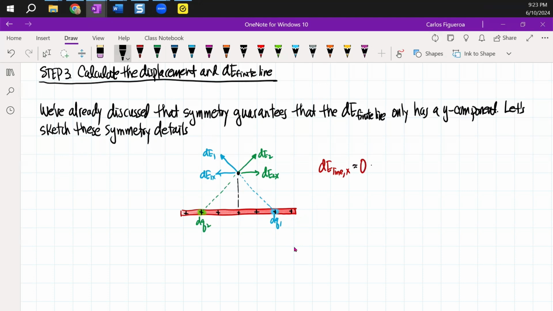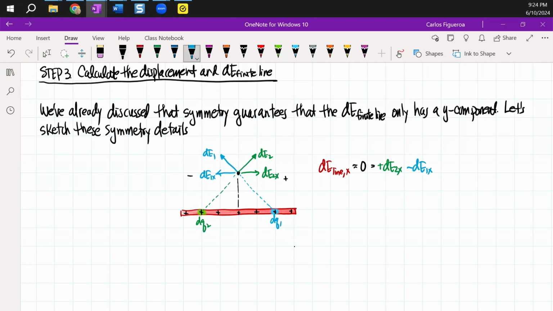And the reason why it's 0 here is that if I pick this to be the positive and this to be the negative, that means I get a positive dE2x minus dE1x, and that's, of course, 0 right there. We knew that already because we looked at the line symmetry, which carries over to the field symmetry.